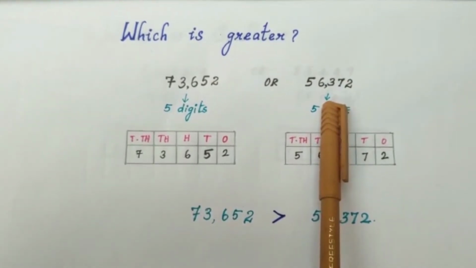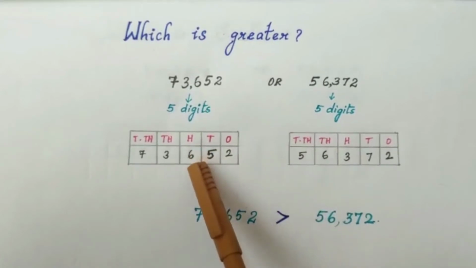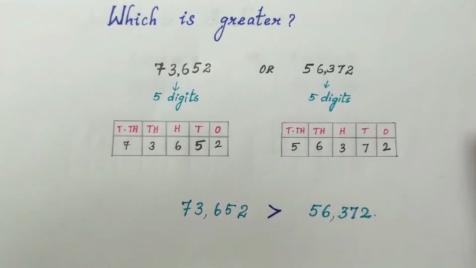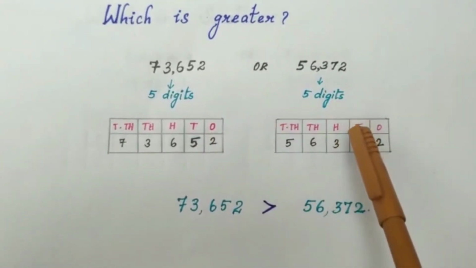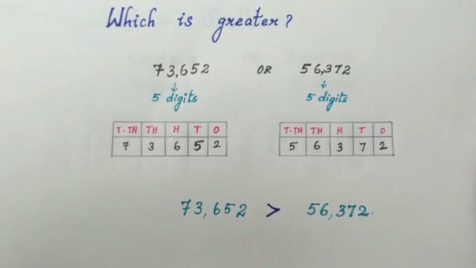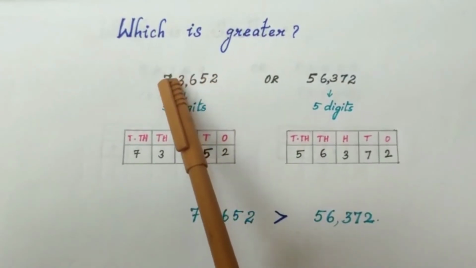So to find which number is greater, we use place values to find the greater number. Here I have drawn the place value table and placed the digits. As we have learnt the place value, we should place the digits from the right to the left.